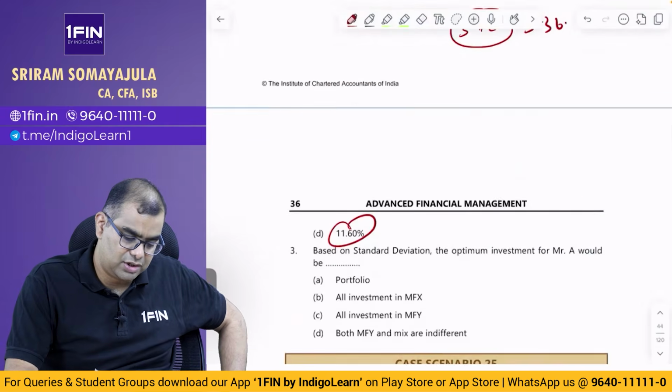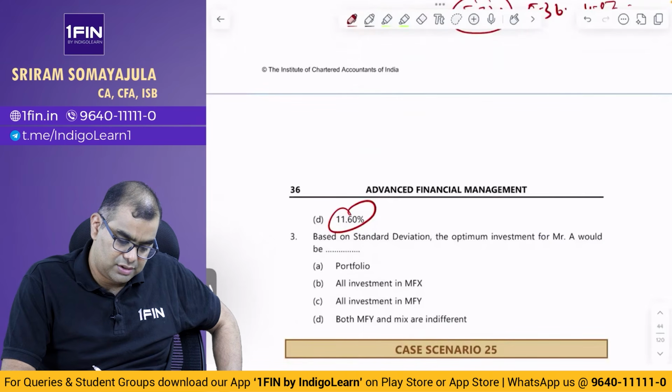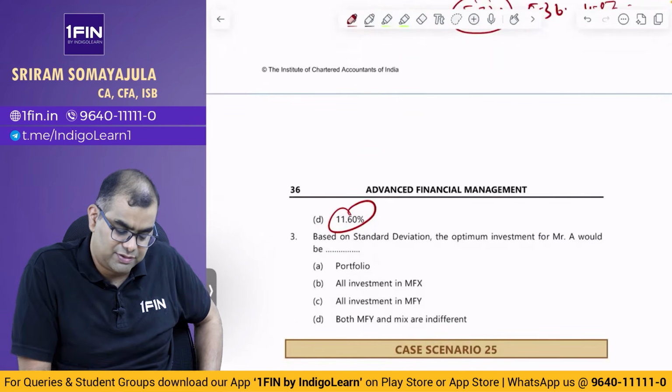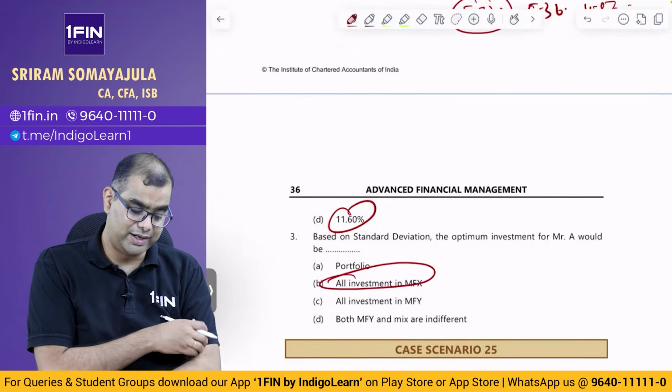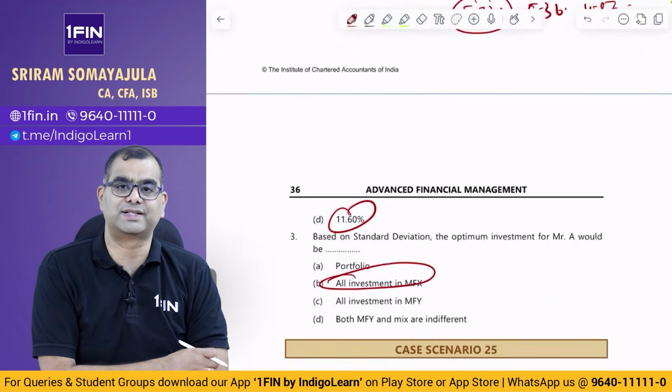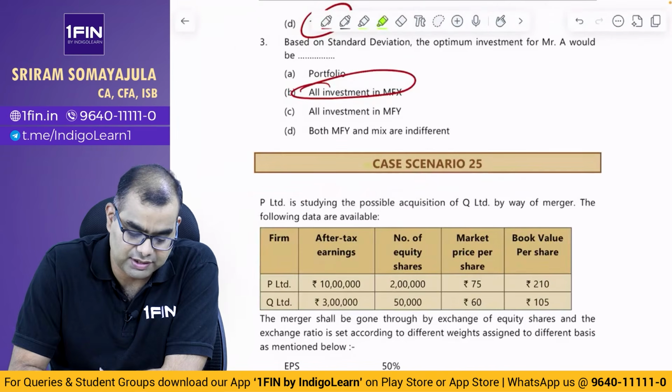So based on standard deviation, the optimum investment for A would be all investment in MFX because you get better return per unit of risk. So friends, now let us look at the next question.